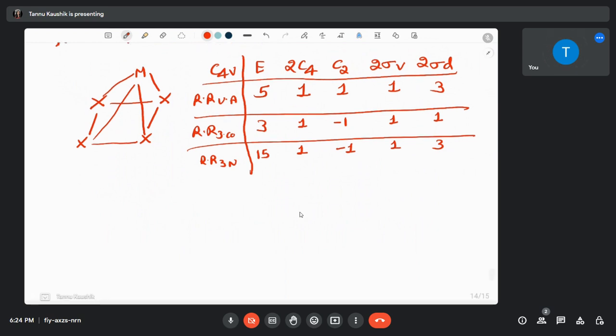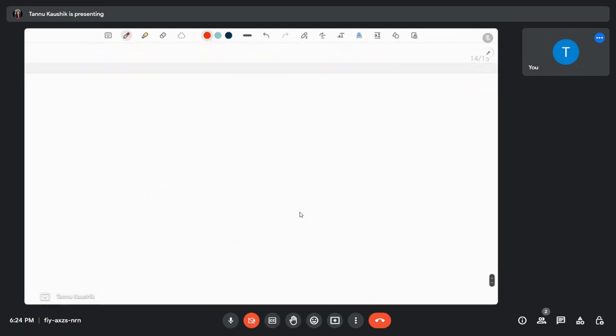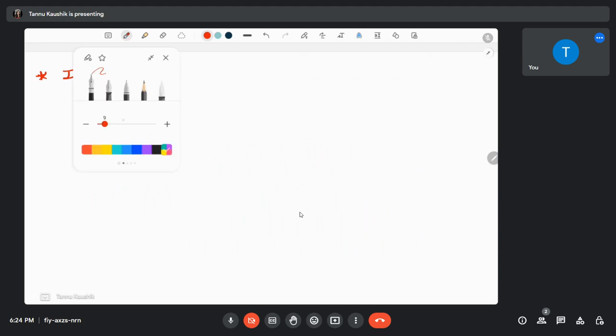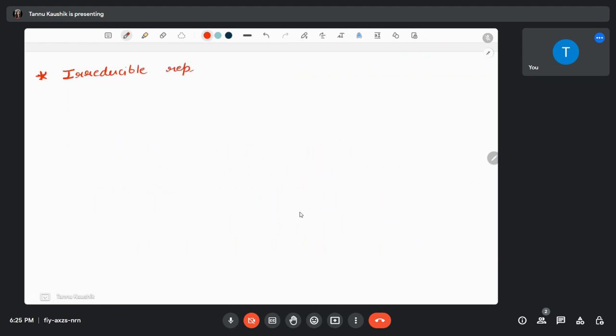Now we will be discussing irreducible representation for groups. So what is an irreducible representation?